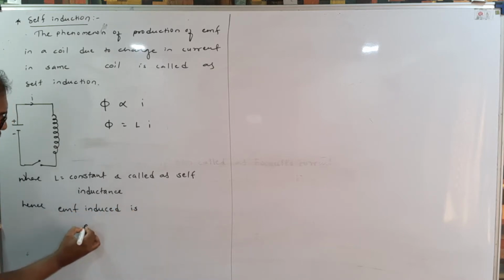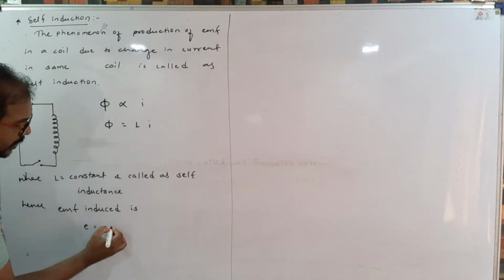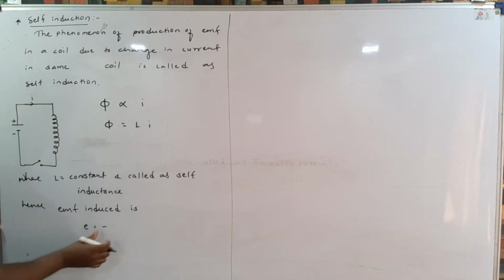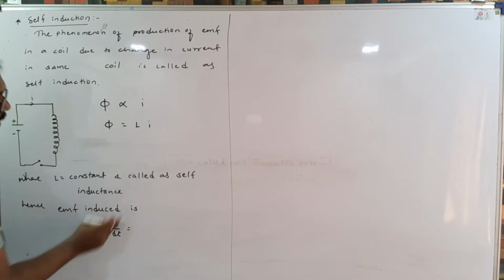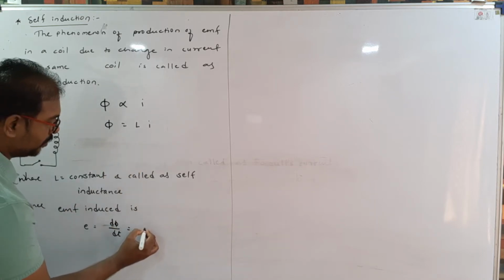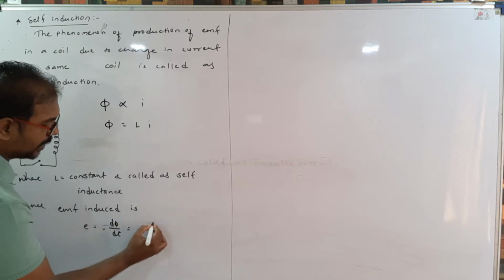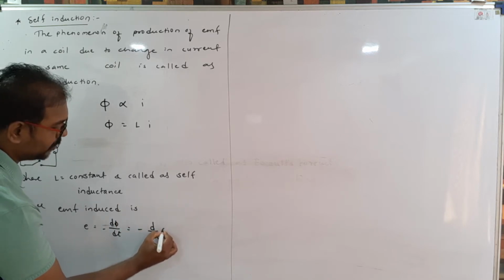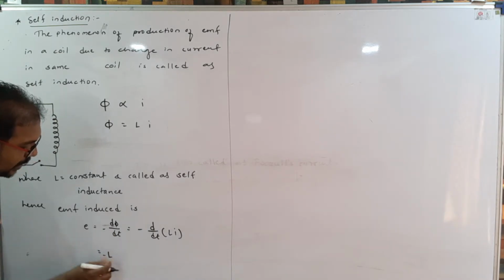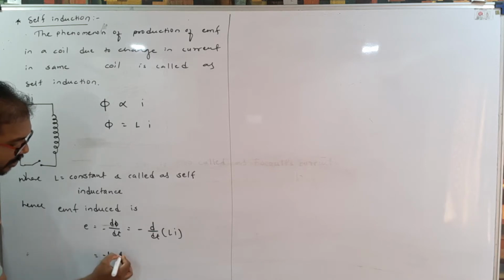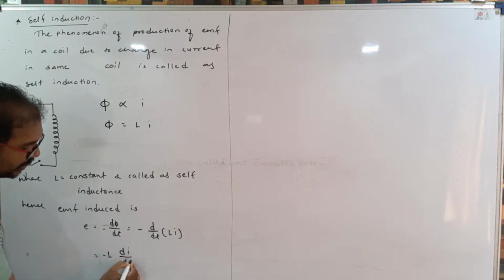Hence, I can write the EMF induced. We know the formula of EMF induced is E equal to minus d phi by dt. So I can substitute this phi: minus d by dt of L into I. Now L is a constant, we can take it out. So minus L di by dt.